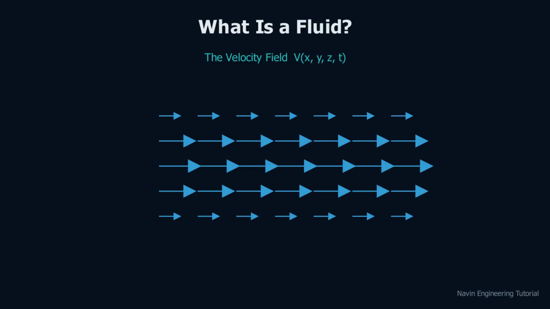This variation from point to point is what makes fluid motion so much richer and so much harder than the motion of a single rigid body. We write this field mathematically as a vector with three components: u, v, and w, one for each spatial direction, all of them functions of position and time.